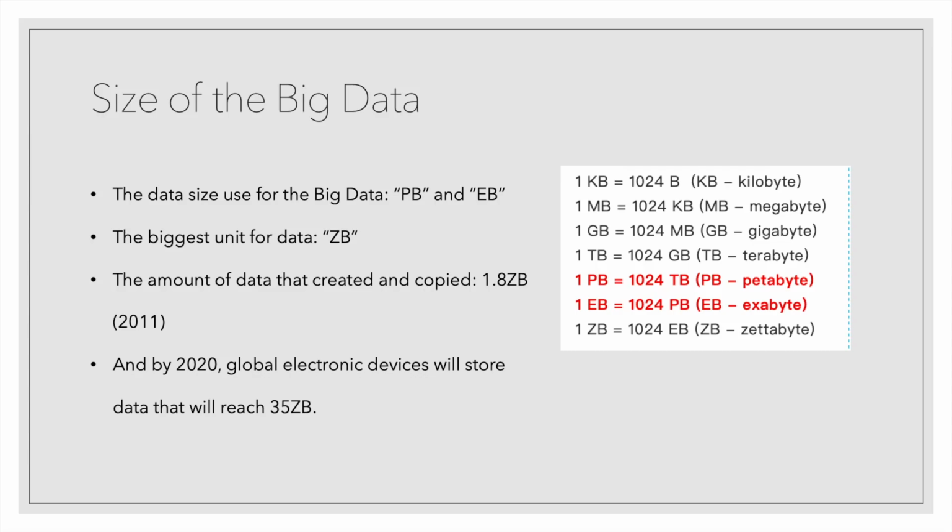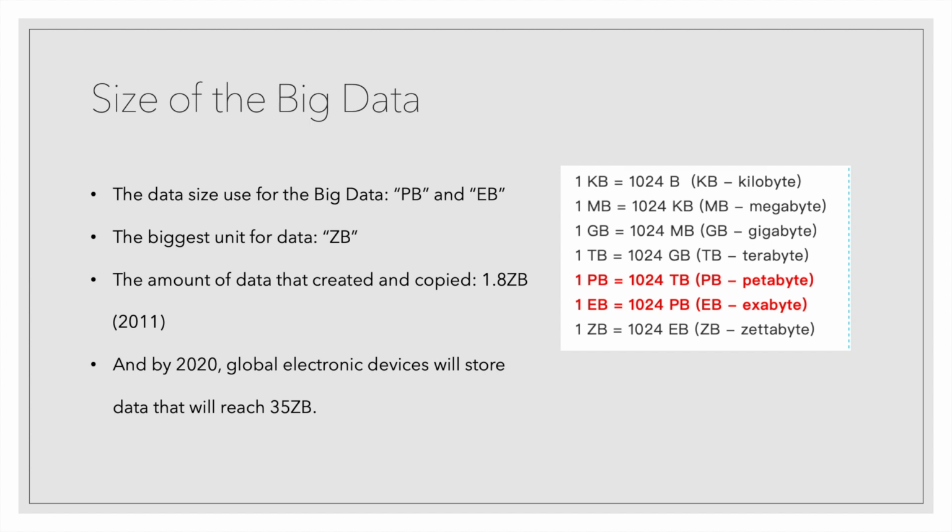When we talk about big data, the first thing we want to know is the size of the big data. The data sizes most used for big data are PB and EB. PB stands for petabyte and EB stands for exabyte. The biggest unit for data today is the zettabyte, ZB.